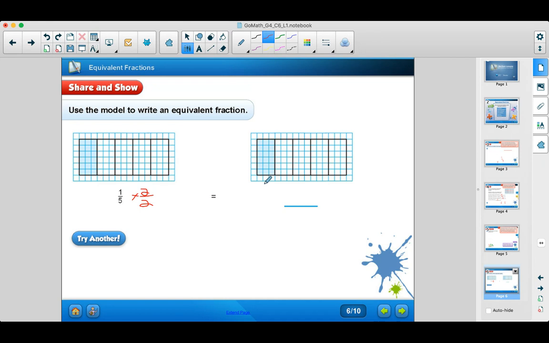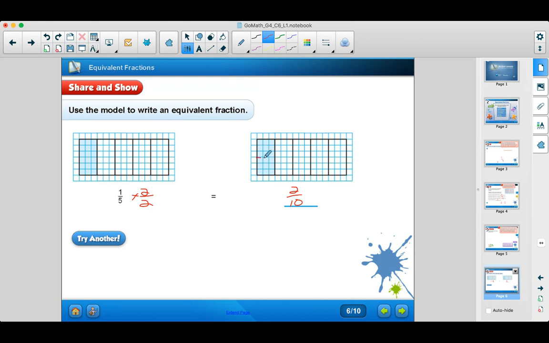So 1 times 2 is 2. And 5 times 2 is 10. So that means if I break this up into 10 equal parts, 2/10 will be equivalent to 1/5. Let's see. 1, 2, 3, 4, 5, 6.